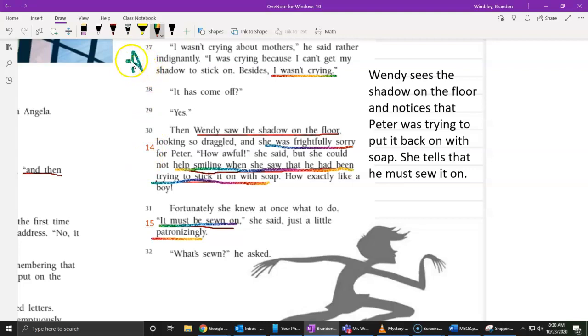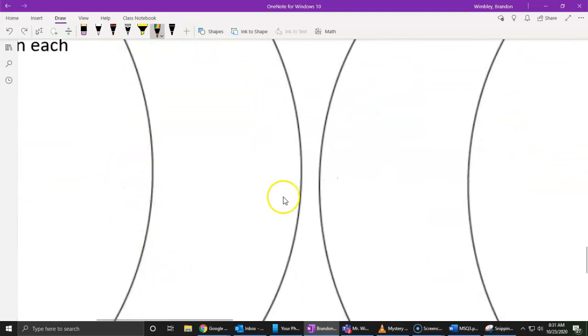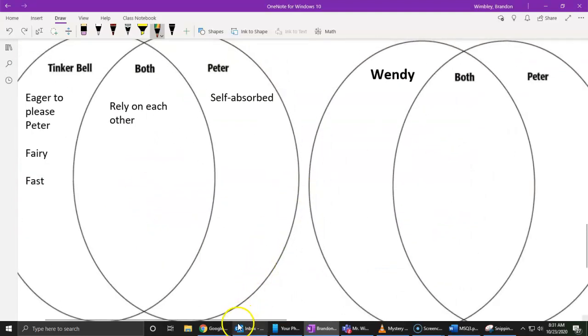Peter's trying to show that by pretending he's not able to cry because he's too tough. And Wendy's showing that she's proud because she's thinking, I know how to fix the shadow. Which we see in this one right here where she couldn't help but smile, noticing he's trying to put it on with soap. Now, I would have no idea how to put a shadow on, but Wendy seems to think it's pretty common knowledge.